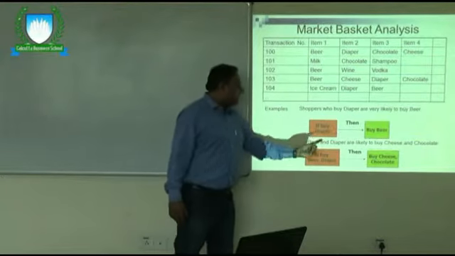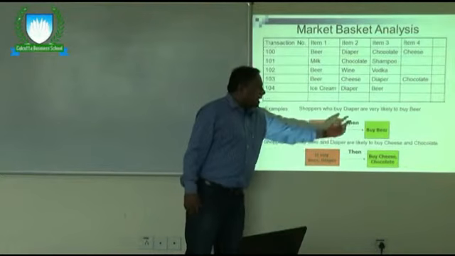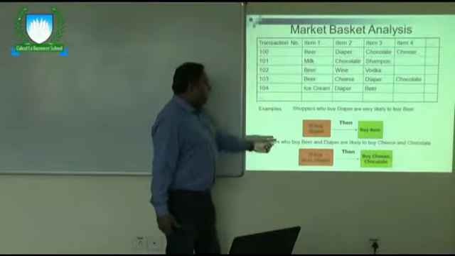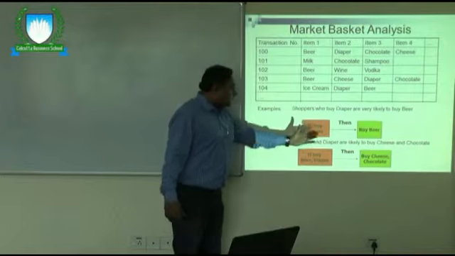So this is illustrated like this. If buy diaper, then buy beer, whether this is valid or not. Shoppers who buy beer and diaper are likely to buy cheese and chocolate. So we illustrate this by this.